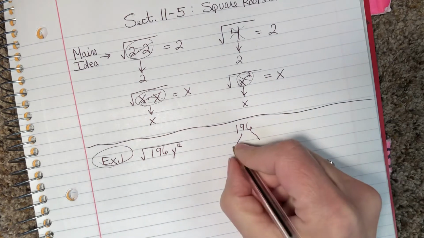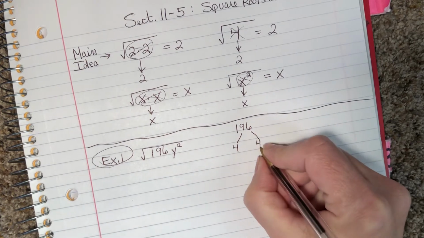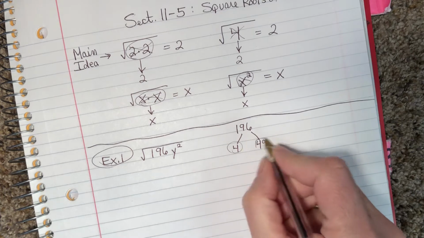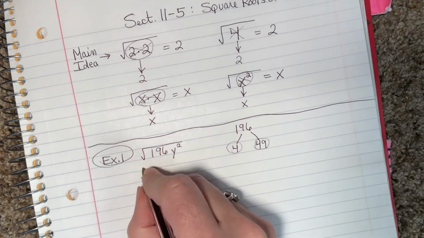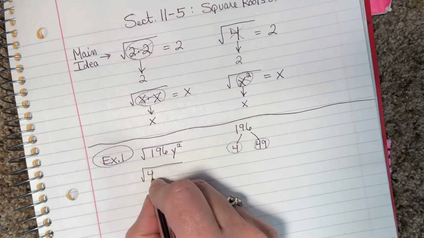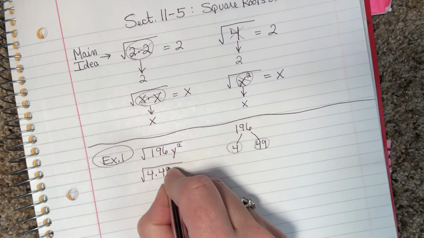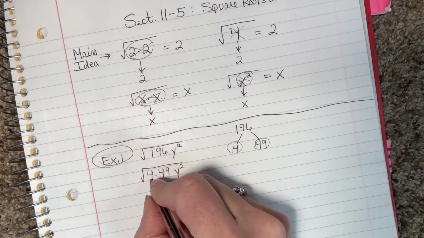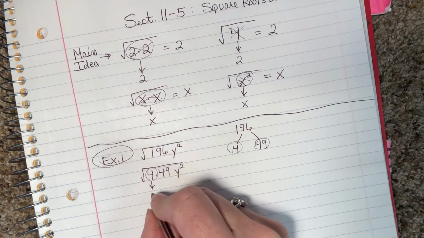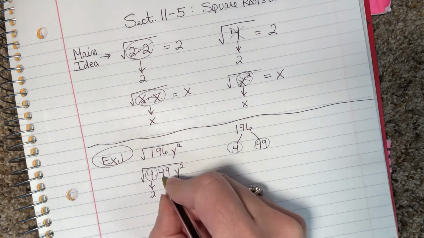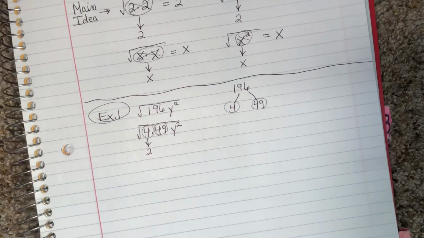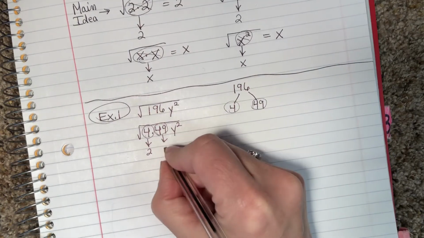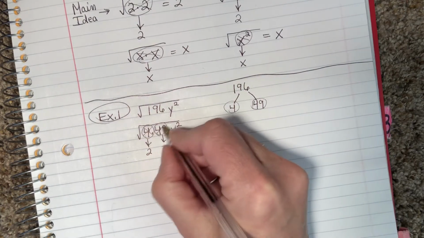Yeah, 4 and 49. Both of those are perfect squares, so I'll have 4 times 49 and then the y squared. From the 4, I can pull out a 2 because that's the square root. From the 49, I can pull out a 7, so those are gone.